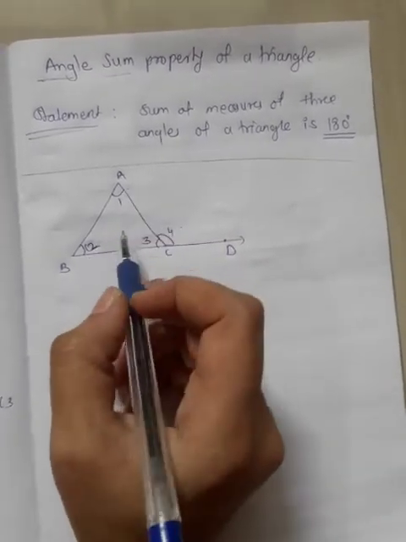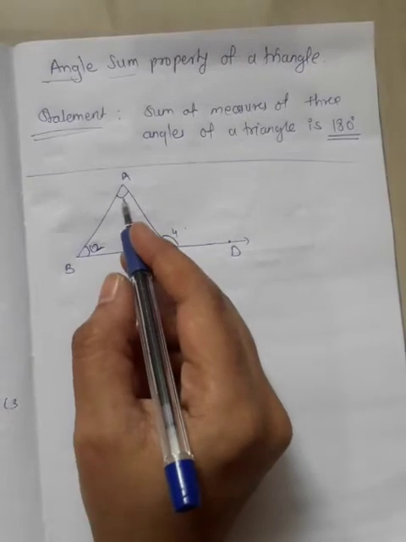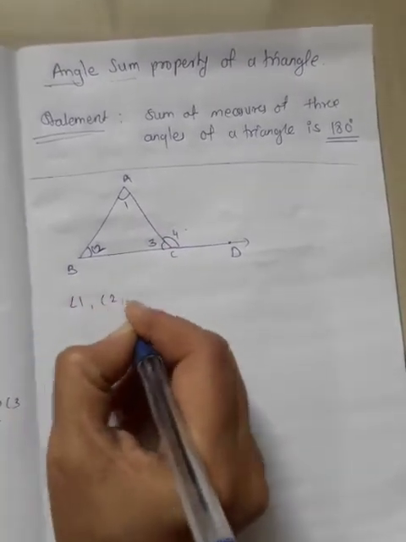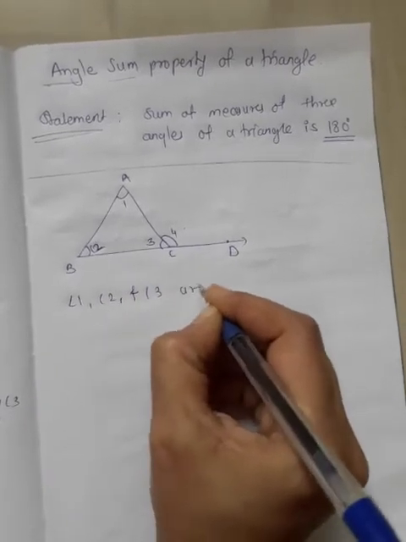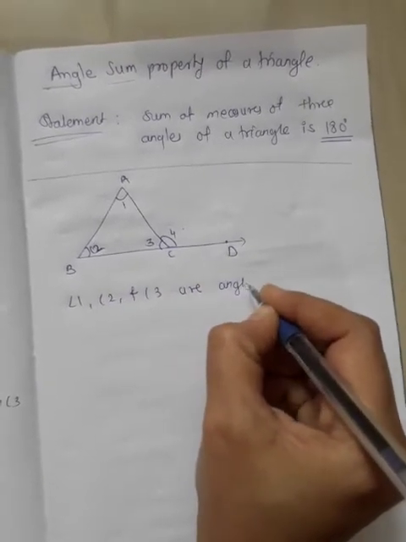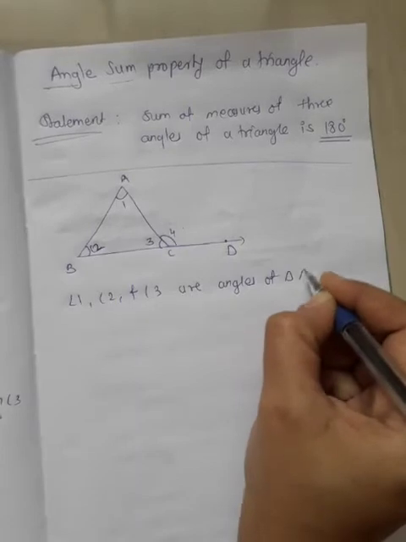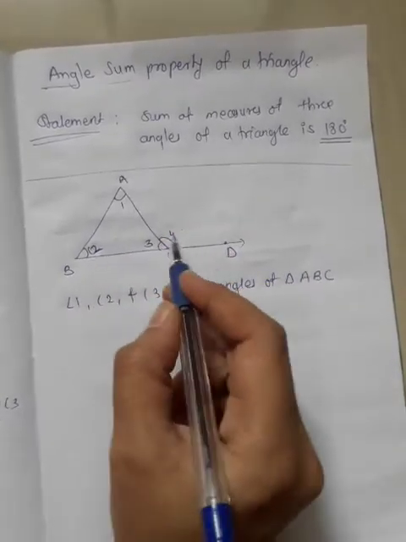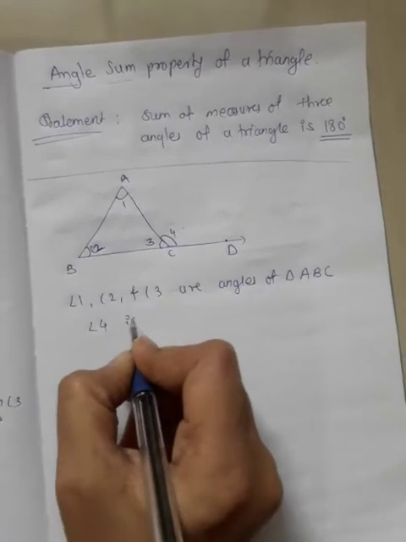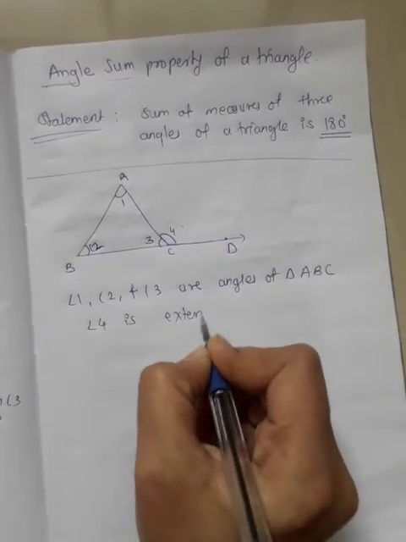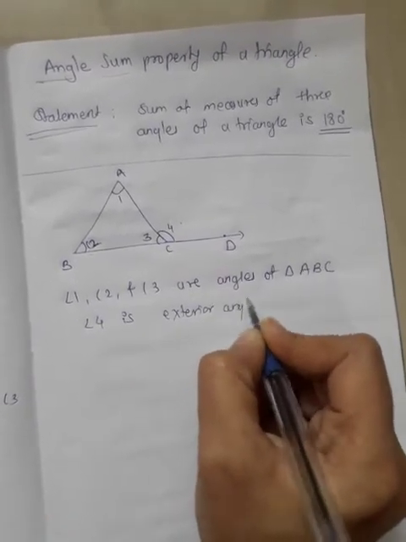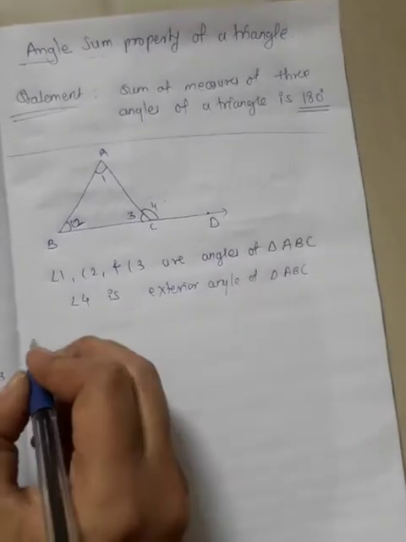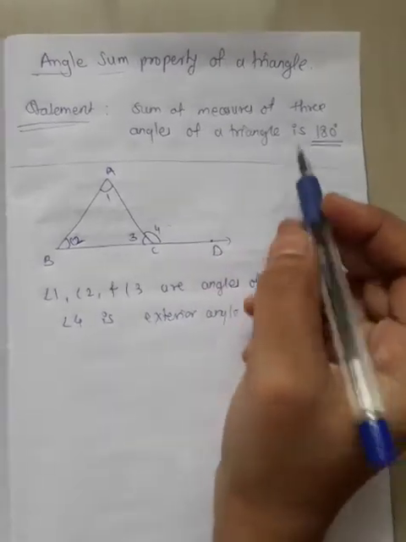Now you know angle 1, angle 2, and angle 3 are the angles of triangle ABC. You also know ACD, that is angle 4, is an exterior angle of triangle ABC.